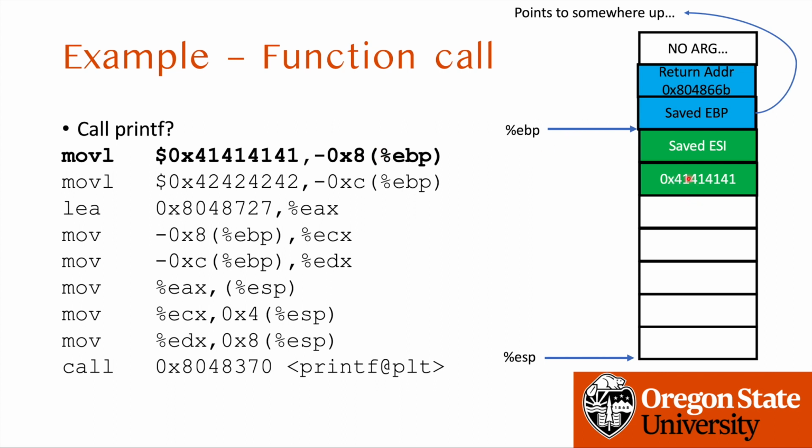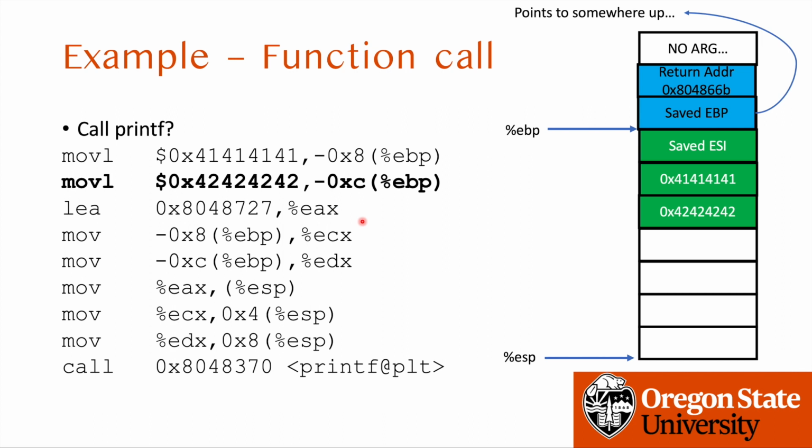So the stack diagram would be something like this. The next instruction puts the variable 42424242 at EBP-0xC, so the stack diagram will be something like this. And 0xC is a hexadecimal number, so it's 12 in decimal. So EBP-4, 8, 12.